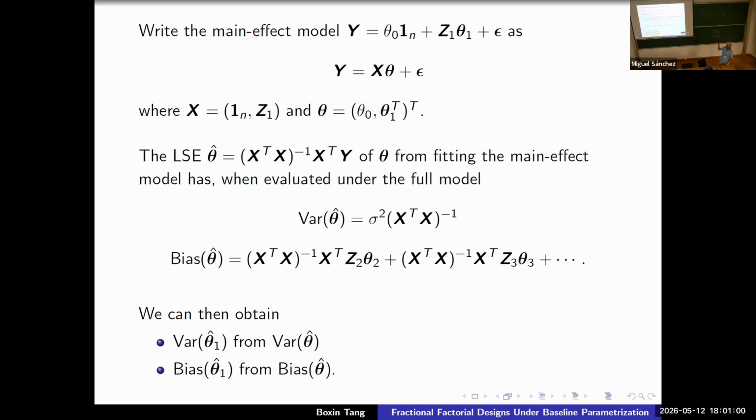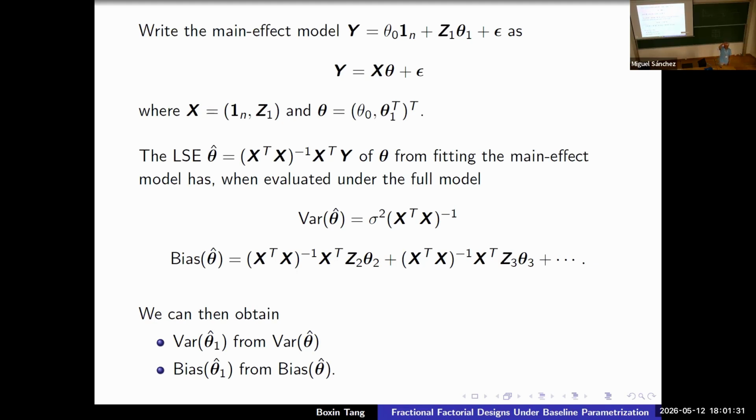My theta there includes the intercept and the main effects, but what we are concerned about are the main effects. So you get the variance covariance matrix of the intercept and main effects like this, but we are only concerned with the main effects. So we can just take this submatrix, removing the first row and the first column. You get the variance covariance matrix of the main effect estimators.